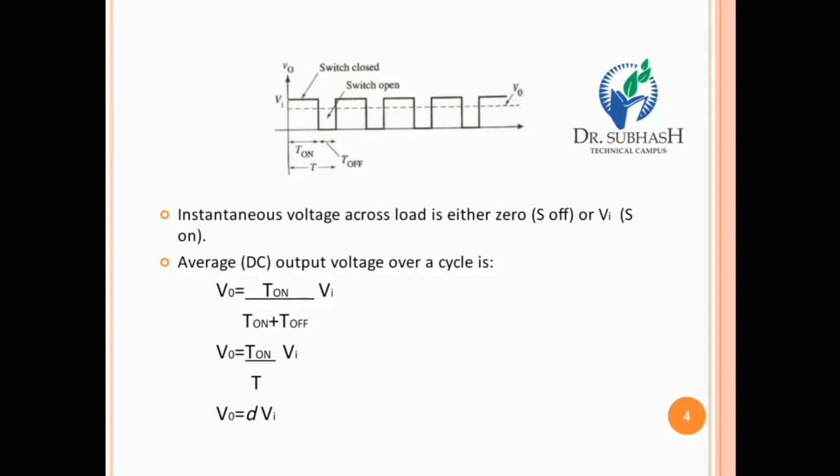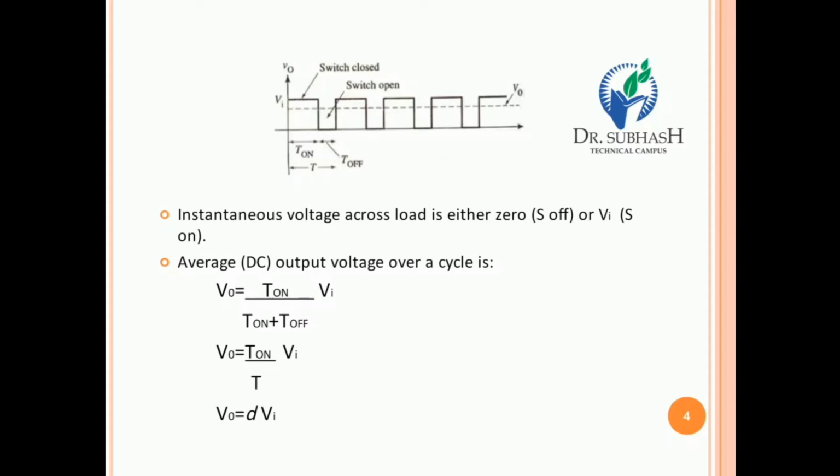The instantaneous voltage across the load is either 0 or the input voltage Vi. When the switch is in the off condition, the output voltage is 0; when the switch is in the on condition, the output voltage equals Vi.